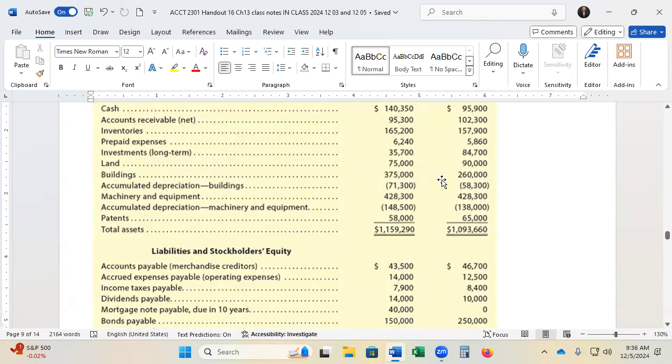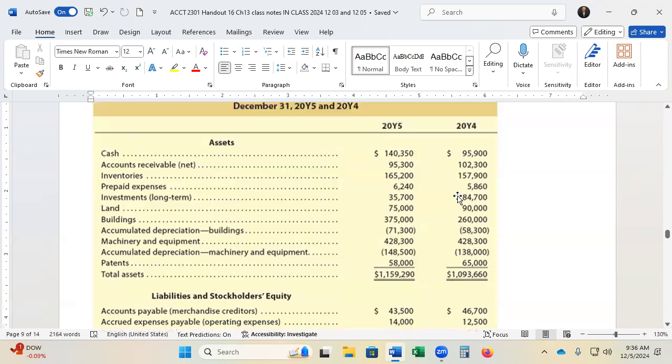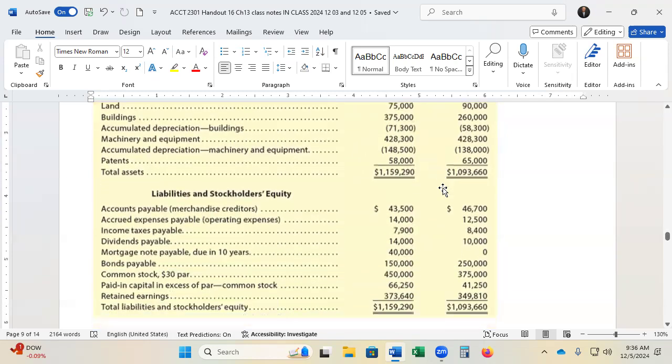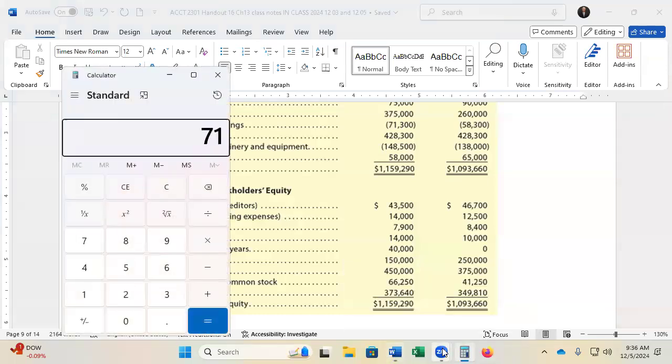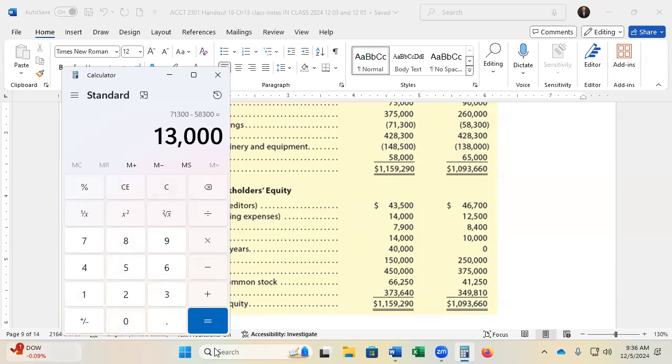The buildings go from 58 to 71. $71,300 minus $58,300, so 13,000.